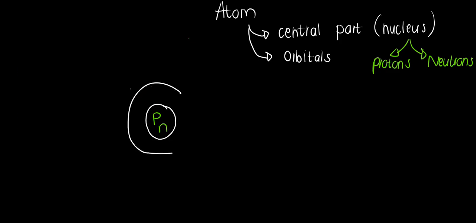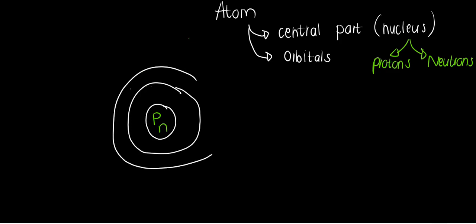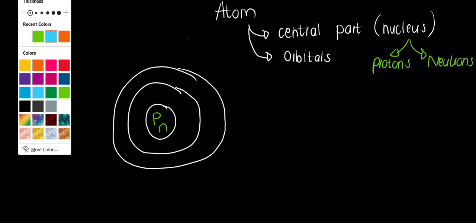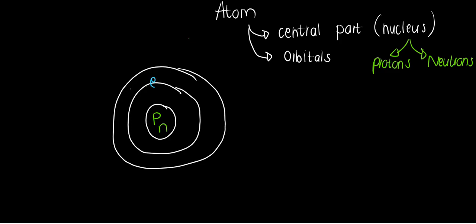I'm just going to say that this atom has two energy levels here. Okay? So on these energy levels, on these orbitals, I find my electrons. Can you remember, in my first one, I can only have 2. And then in my second one, I can have 8.